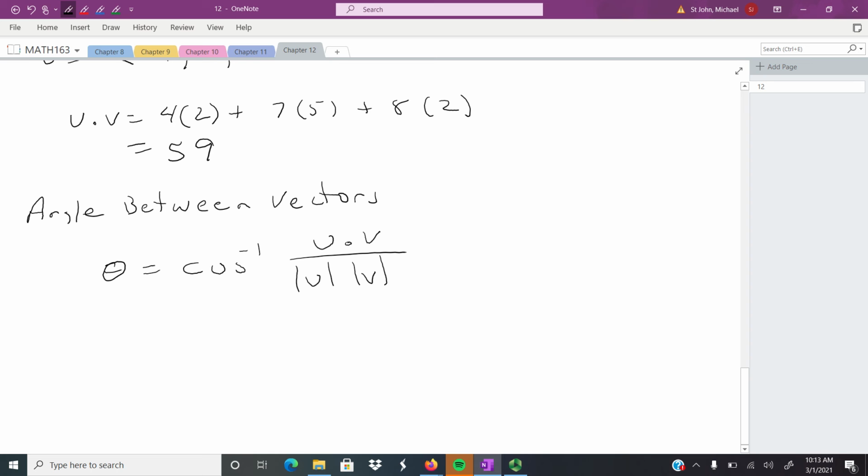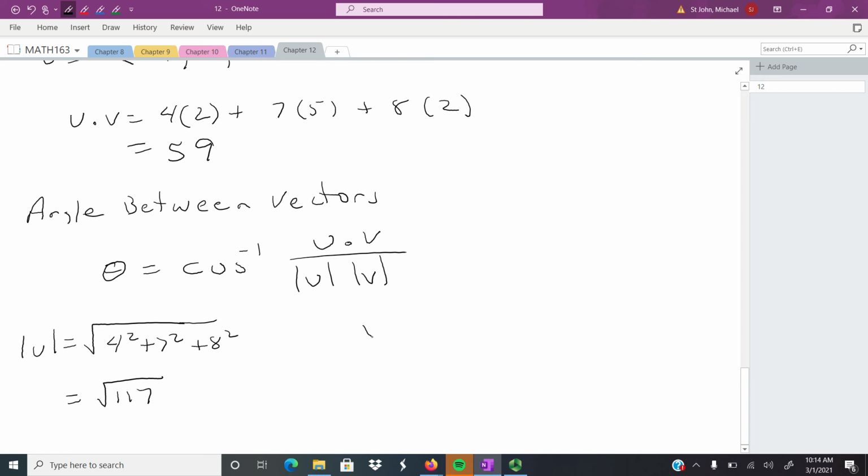So let's use the vectors we just had, my u and v. So we now need to find the magnitude of those two. So the magnitude of u would be the square root of 4 squared plus 7 squared plus 8 squared. So this ends up being the square root of 117.